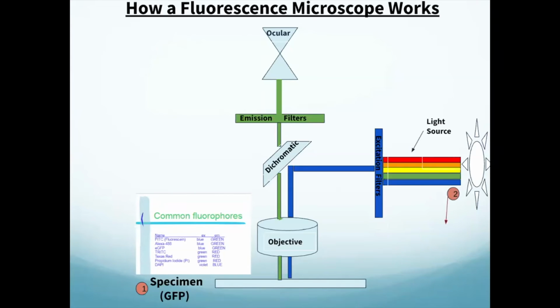So the light source produces visible or non-visible radiant energy for general illumination. So when that happens, it'll go through the excitation filter, and the purpose of the excitation filter is to filter out specific wavelengths of light.